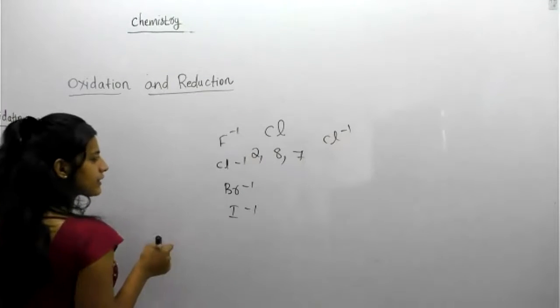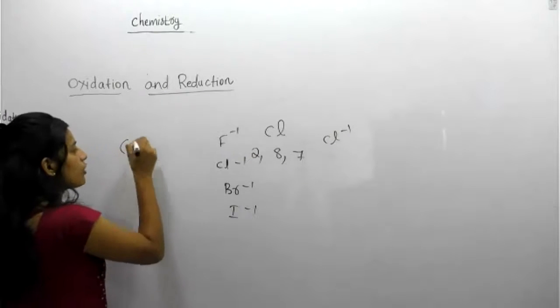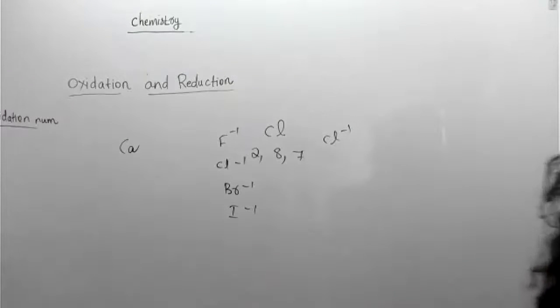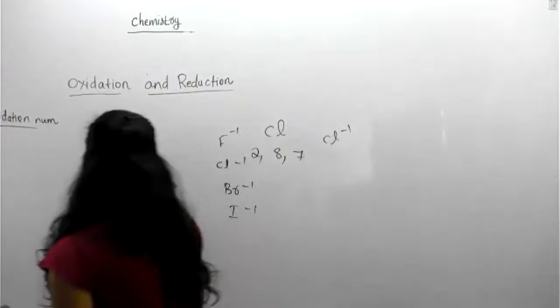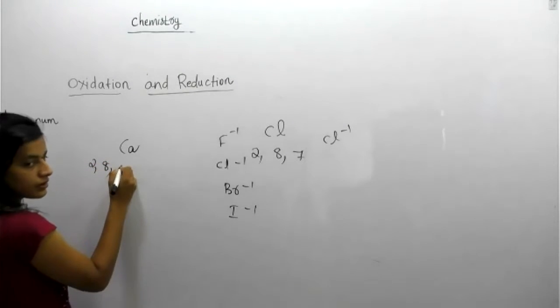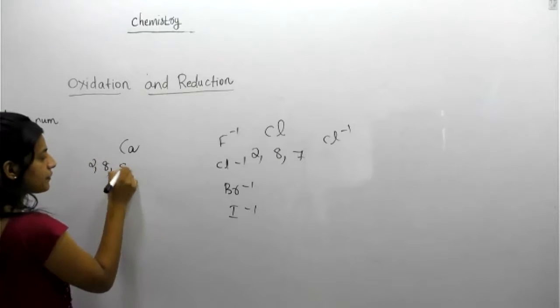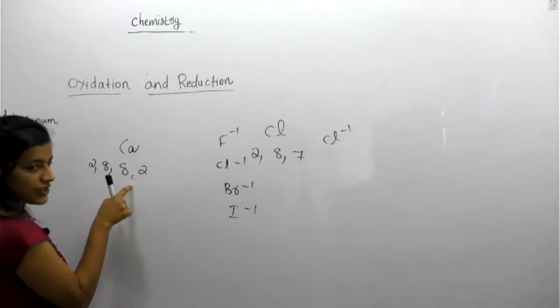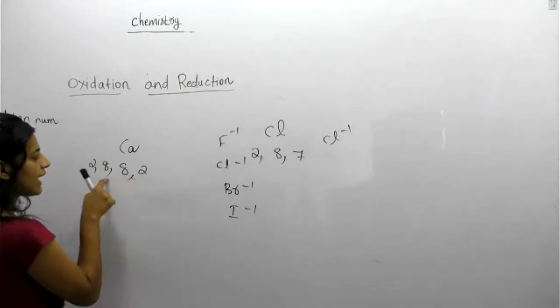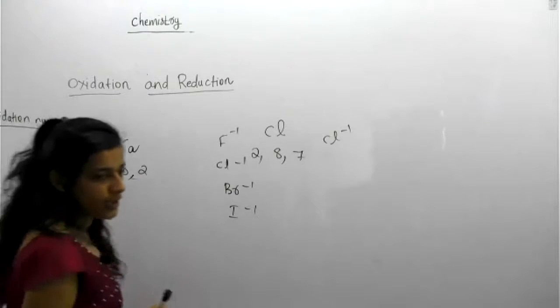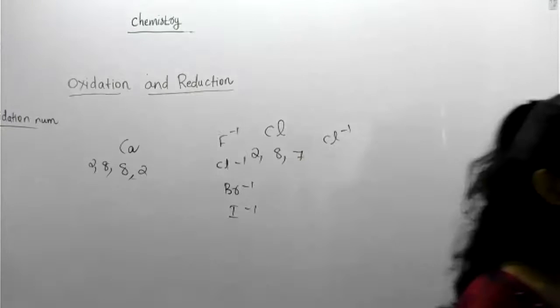Another category, in the case of calcium. Check, calcium. Calcium is atomic number 20. So 2, 8, 8, 2, according to subshell electronic configuration, we studied yesterday, right? That's why 2, 8, 8, 2 is the configuration. Then what about the oxidation state of calcium metal?